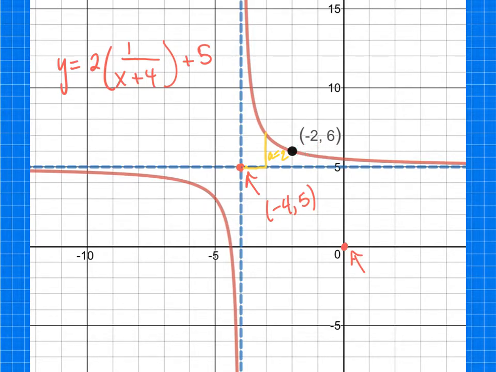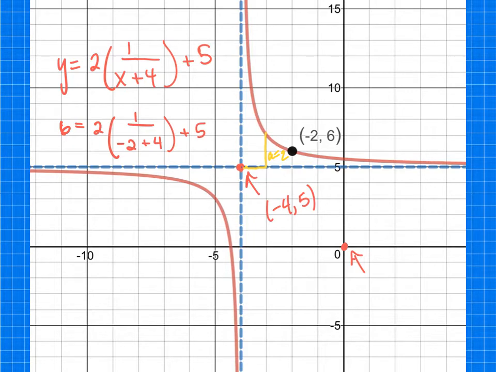So that's our equation. And we have this test point, this negative 2, 6. We can check and see if that actually works. So if I'm testing this, I can put 6 in for y, 2 times 1 over negative 2 from our x, from that negative 2, 6, plus 4, and then plus 5.